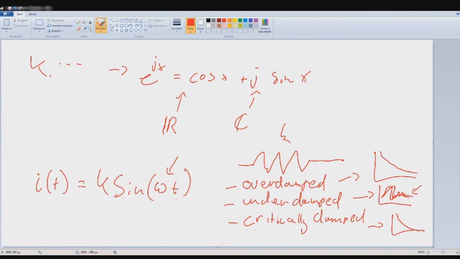This is still an oscillation, this is too tight, and this is just right. So in this circuit, you rather want to have overdamped than underdamped, which is a fact.